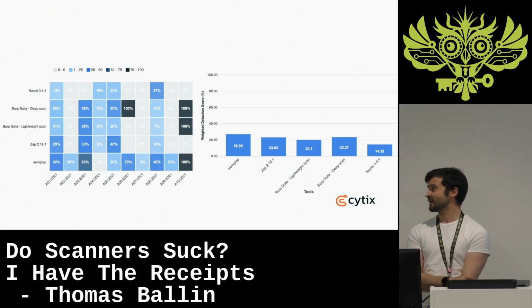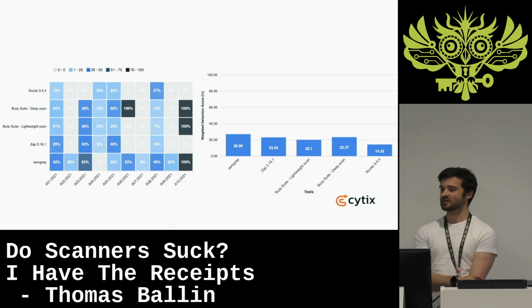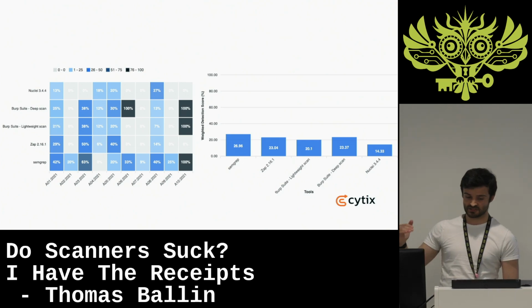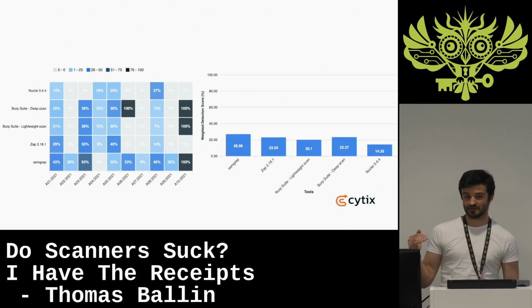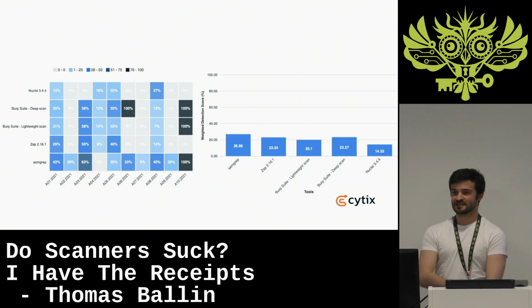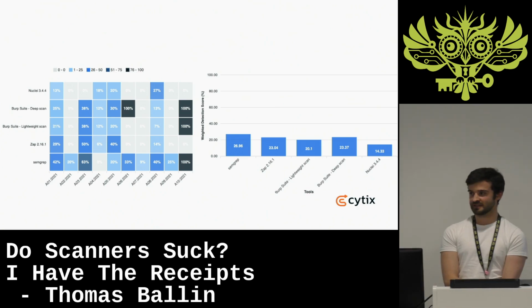The graph on the right-hand side is potentially a little bit more alarming, I think, in terms of the results. So effectively, what that's saying is that none of the scanners individually identify more than about 25% of the vulnerabilities that have been introduced. And these aren't complex, sophisticated vulnerabilities in a lot of cases.